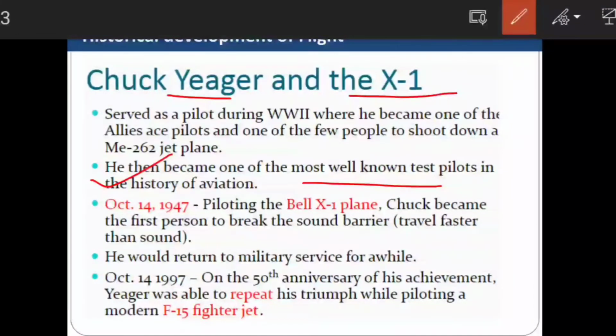Then on October 14th, 1947, piloting a Bell X-1 plane, Chuck became the first person, understand? Chuck was the first person to break the sound barrier. Breaking the sound barrier means traveling faster than sound.